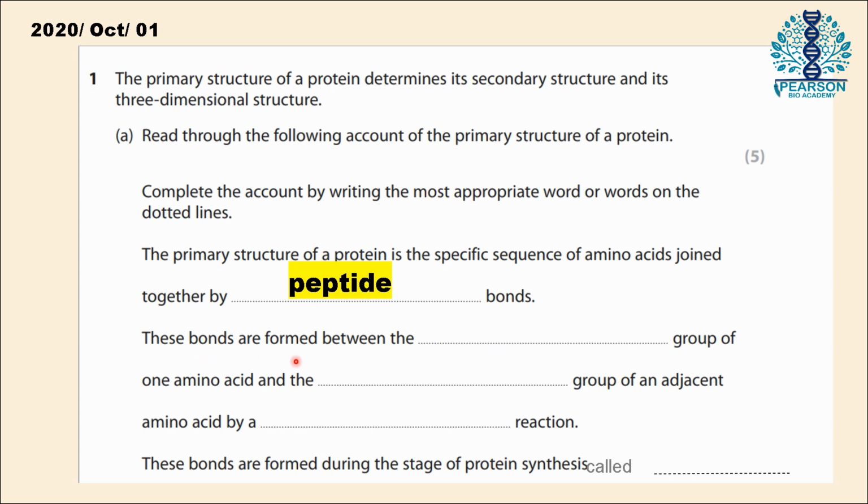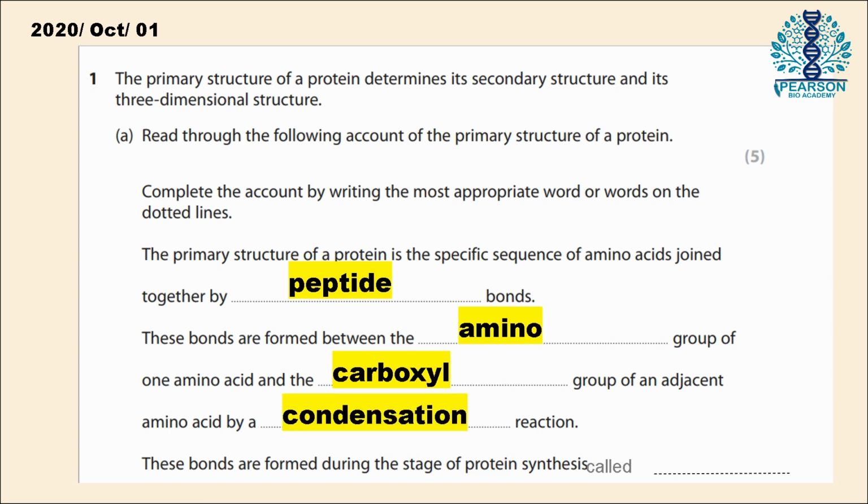These bonds are formed between the amino group of one amino acid and the carboxyl group of an adjacent amino acid by a condensation reaction. And these bonds are formed during the stage of protein synthesis called translation.